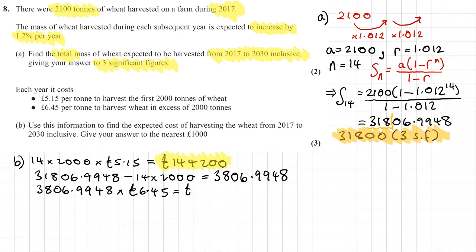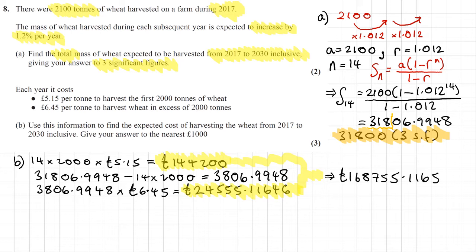And that's 24,555.646, sorry. Let's add these two values together and see what we get. And that is 168,755.141165.